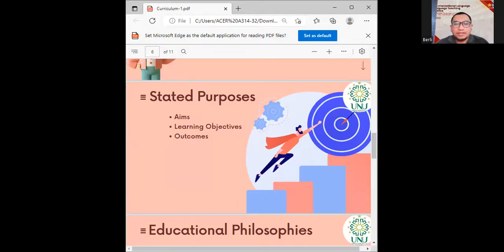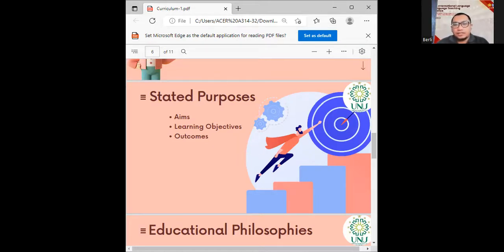cultural settings, in which in Indonesia we have some tensions between the cultures, whether we should teach the culture of English-speaking countries like the United States, Australia, or UK, or other countries like Singapore, for example, because we have a commitment to make a good relationship with them as well.